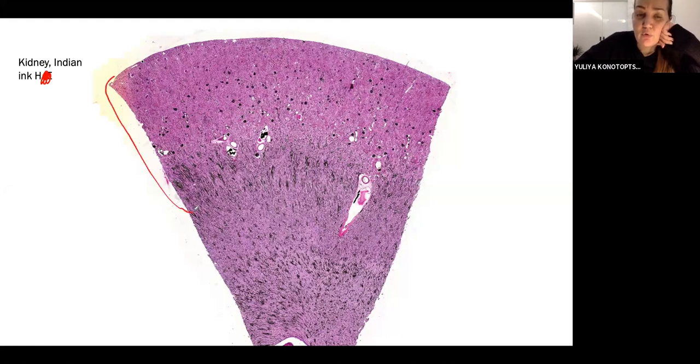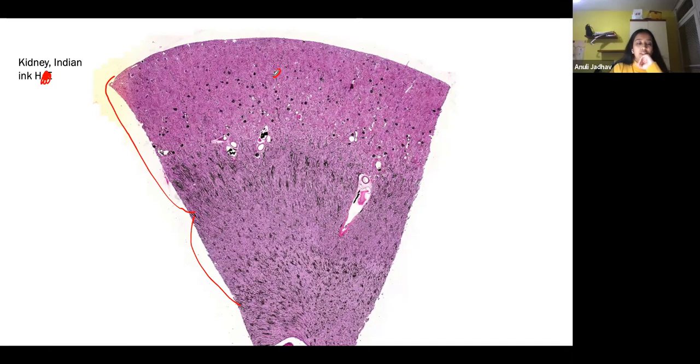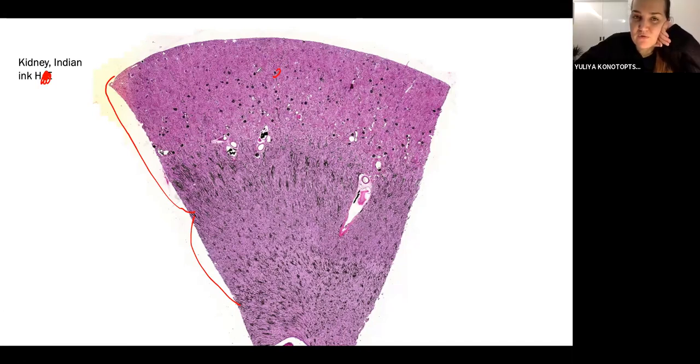So here we have the cortex, and this is going to be the medulla right here. Inside of the cortex, you can see some kind of dots. What could these dots be? Renal corpuscle. Of course. Okay, so these are going to be renal corpuscles. Why are they seen with the Indian ink?